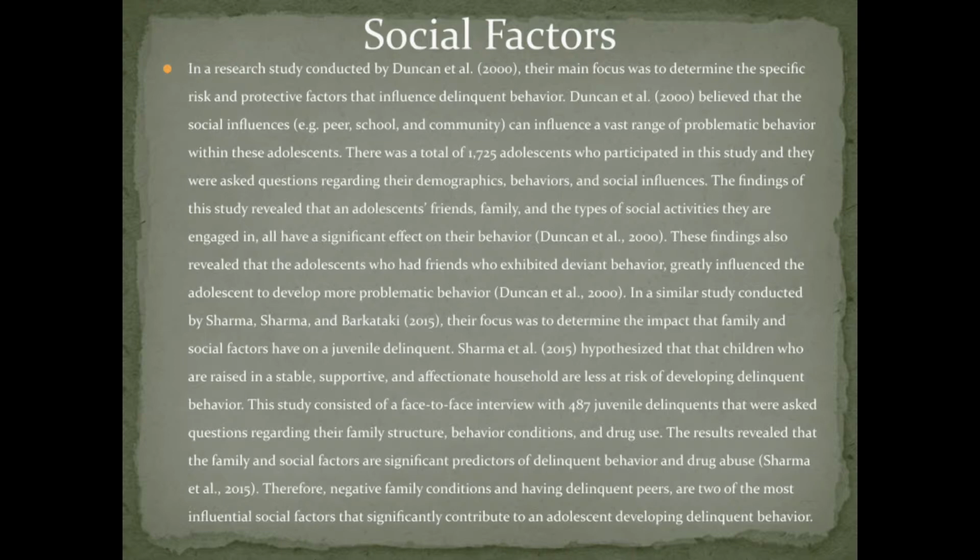This study consisted of a face-to-face interview with 487 juvenile delinquents that were asked questions regarding their family structure, behavior conditions, and drug use. The results revealed that the family and social factors are significant predictors of delinquent behavior and drug abuse. Therefore, negative family conditions and having delinquent peers are two of the most influential social factors that significantly contribute to an adolescent developing delinquent behavior.